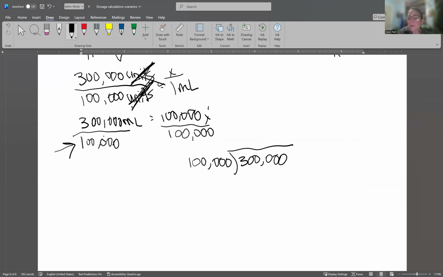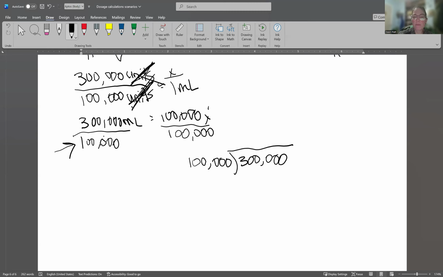Now, this one's pretty simple, but if it were a more complex one, I'd want to shorten those numbers down if I could to make it easier. So when you have a bunch of zeros at the end of a number and you're doing this, you can cross off the same number of zeros in both numbers to make it equal and smaller.